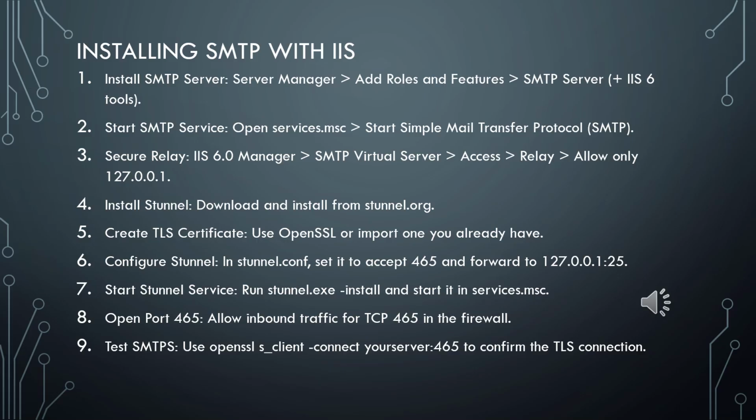To add encryption, we install Stunnel and configure it to listen on port 465, forwarding traffic securely to port 25. After starting the Stunnel server and opening port 465 in the firewall, we test the secure connection with OpenSSL.